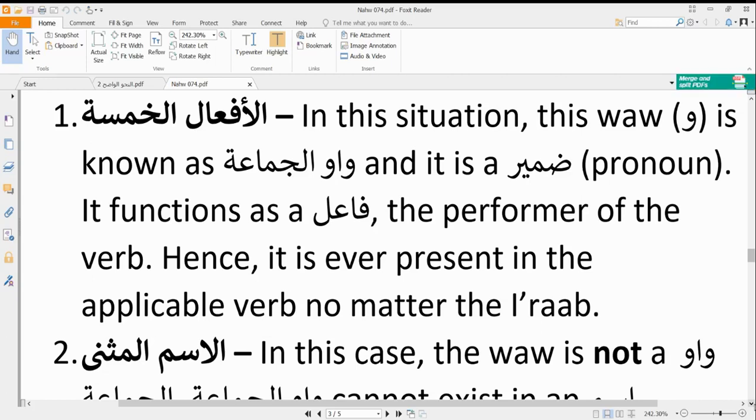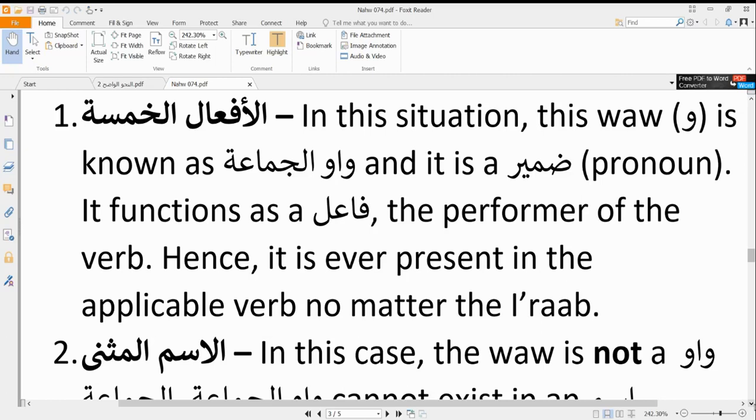No matter the i'rab, we will always have our wawul jama'a present. Whether we have yaf'aluna or it goes into a state of nasb, like an yaf'alu, for them to do, the nun is removed, but the waw always remains. Even if we have alamatul jazm like lam yuslimu, they did not submit, our waw is always present no matter the i'rab in the af'alul khamsa.